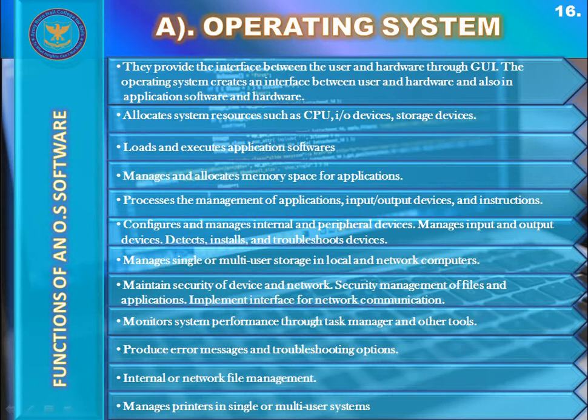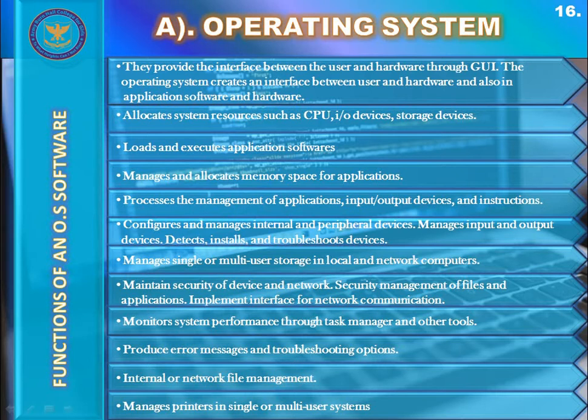And that operating system not only controls that software, it creates a communication between that application software and the hardware. So the operating system controls the application software as well as it controls the hardware components too.